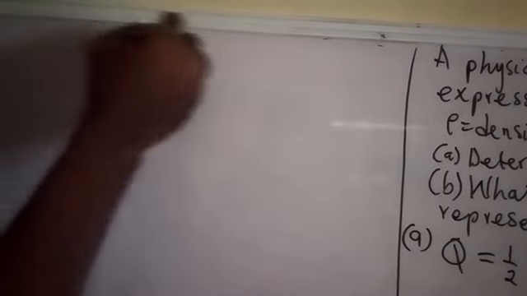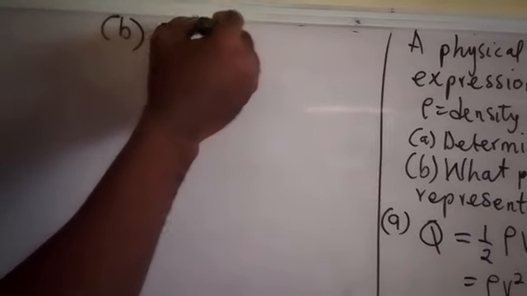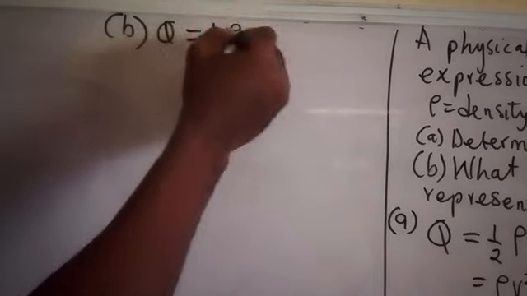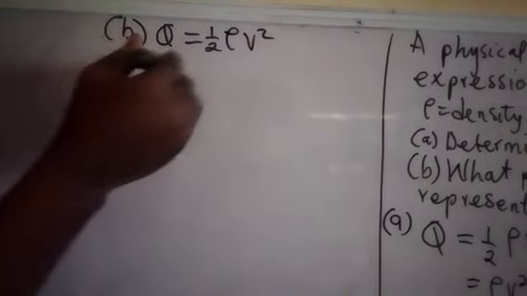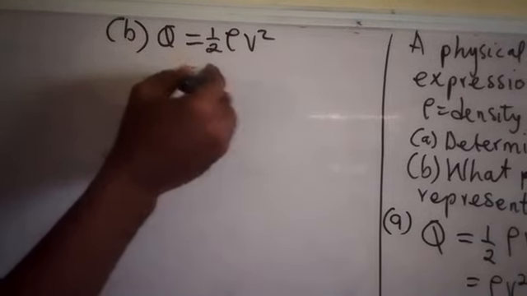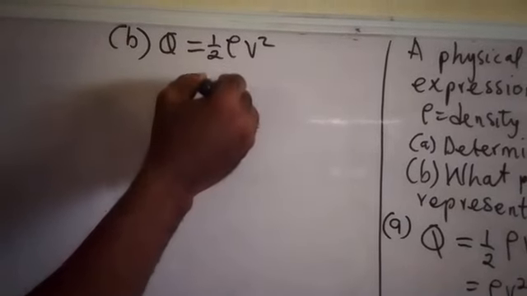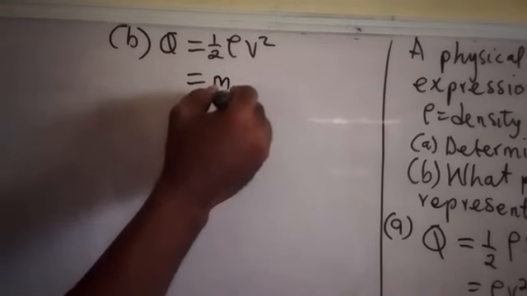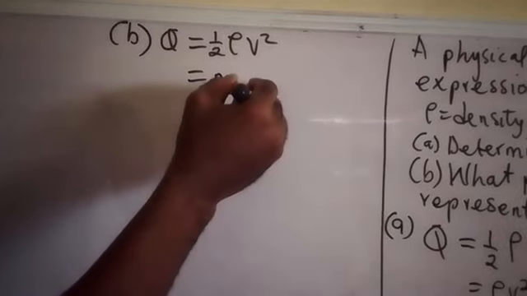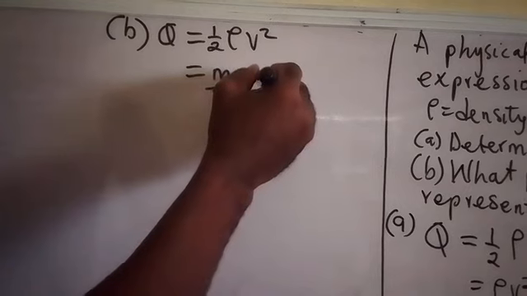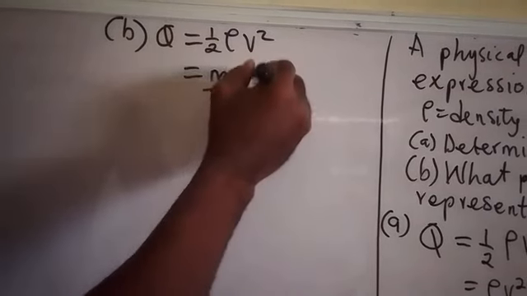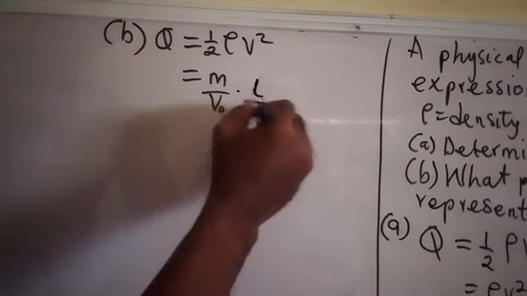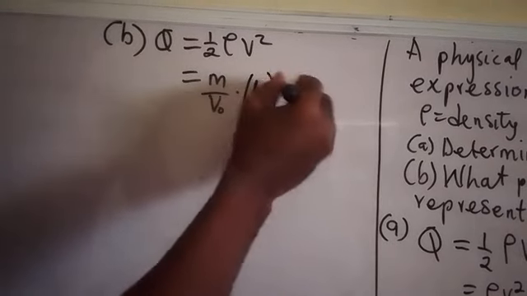Q is equal to half rho. Remember we don't need constants or numbers when dealing with this. So we see that density is mass over volume times, let me use L for length, over time squared.